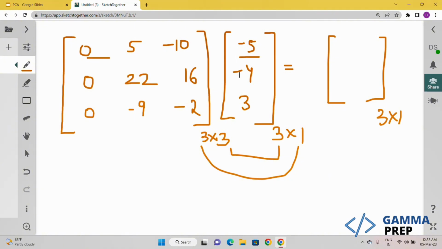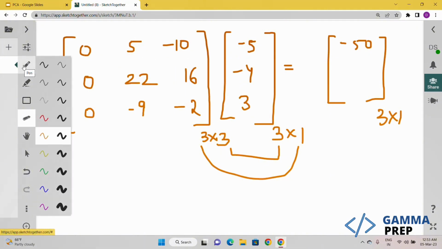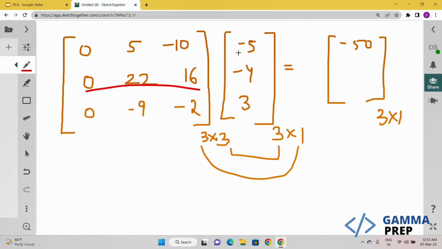So 0 into minus 5 is 0. 5 into minus 4 is minus 20. Then minus 10 into 3 is minus 30. So minus 20 and minus 30 become minus 50. Moving on to the next element: 0 into minus 5 is 0. Then 22 into minus 4 is minus 88.